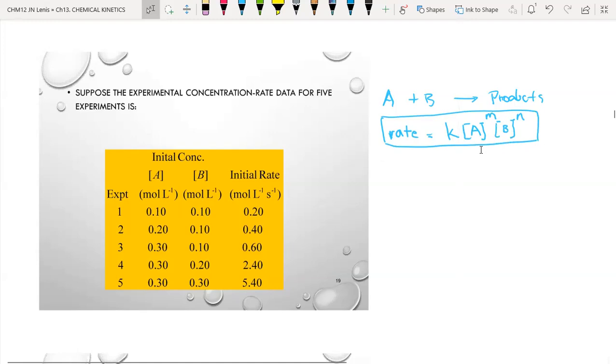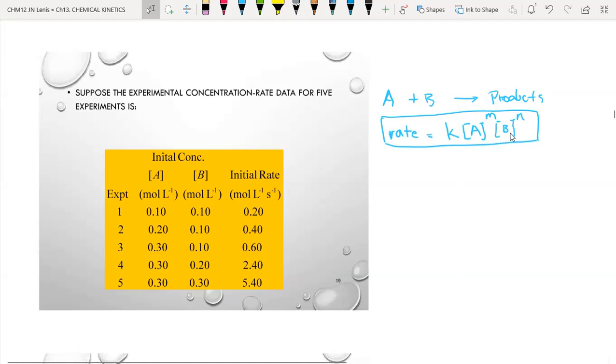So you change only one variable. You keep the other variable constant while you are doing this experiment. And then you switch. Keep this concentration constant, and make changes here and see how the rate is affected every time you make changes here.